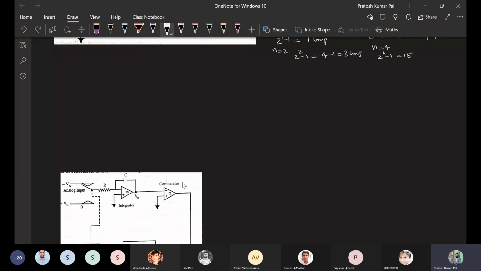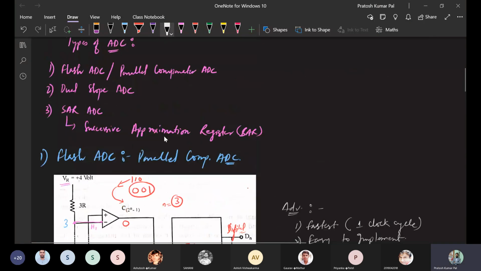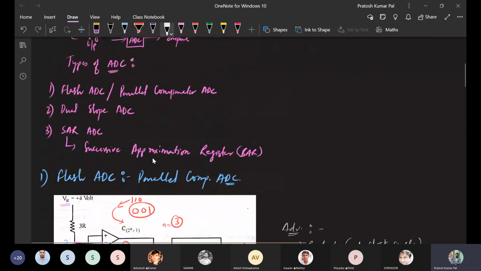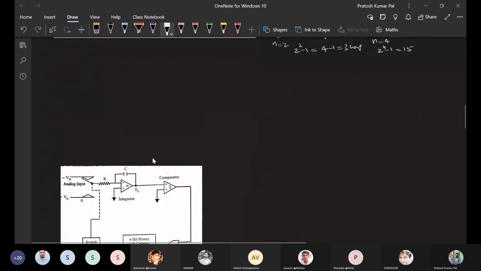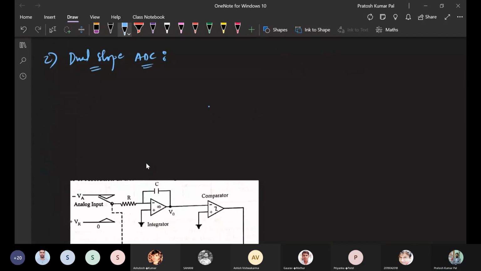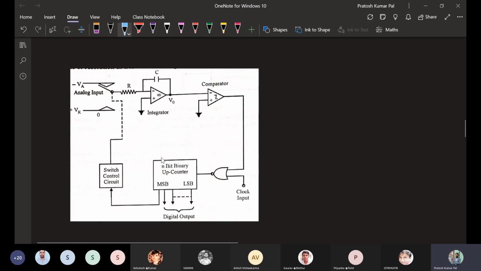Okay, the next one that we have seen is the dual slope ADC. This is the circuit diagram of the dual slope ADC.